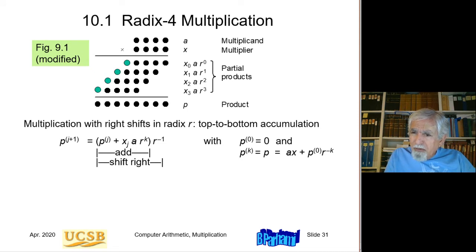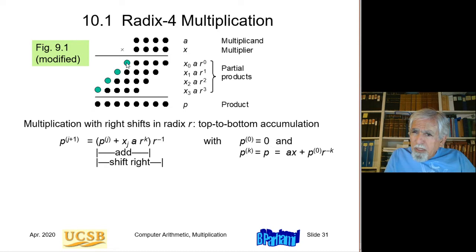And then the right shift in radix R is basically dividing by R. Right shift in radix 2 was dividing by 2. Right shift in radix R is dividing by R. So the number 2 in the previous recurrence is replaced with R in both occurrences. And the rest is the same.